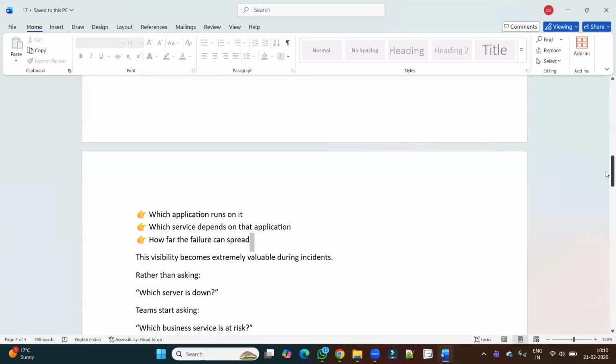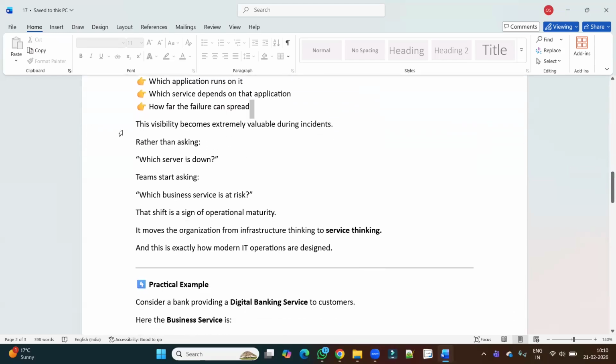Rather than asking which server is down, teams start asking which business service is at risk, because that server is down. Now we can see what business services are linked to this server, we can easily inform the customers, and immediately take preventive action so that the damage is minimal.